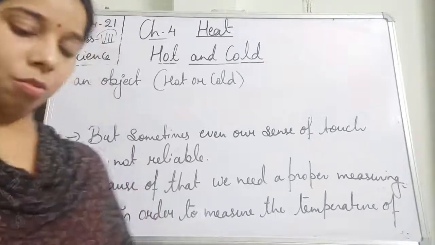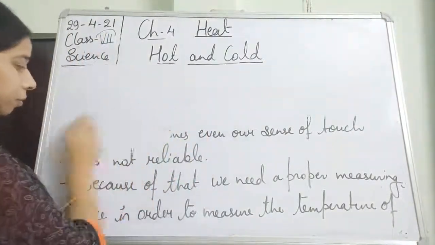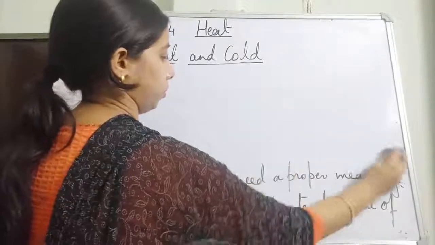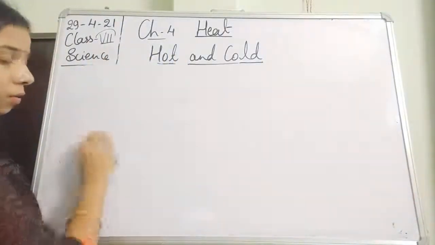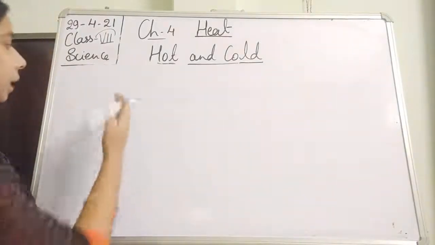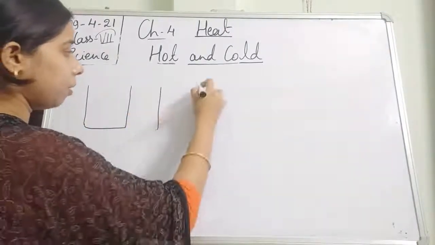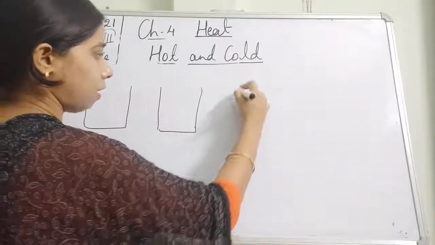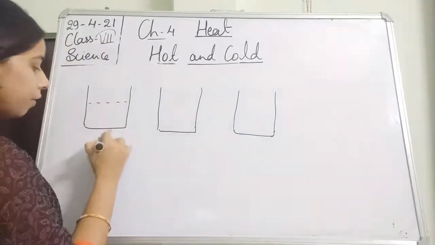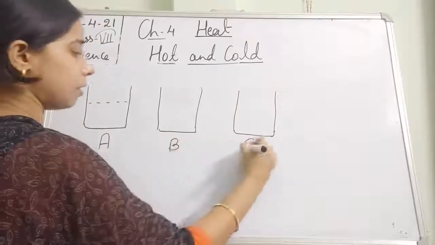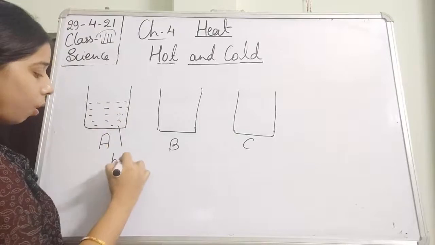Okay, so the first beaker is there, the second beaker is there, students, and finally a third beaker is there. We will label them A, B and C. This one consists of water, the hot water.